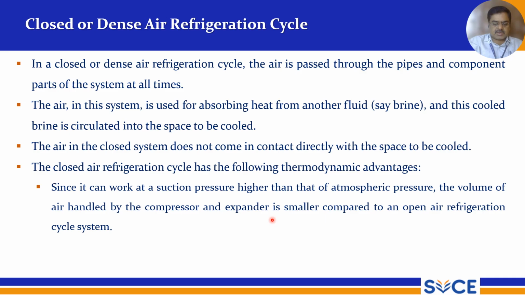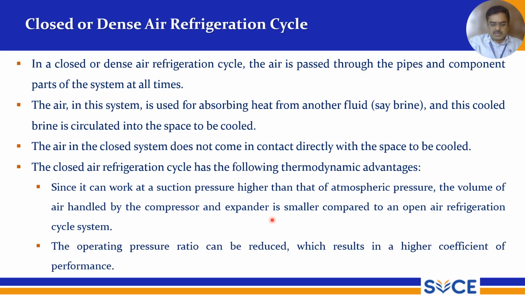We can use a compact size expander and compressor. The operating pressure ratio can be reduced, which results in a higher coefficient of performance. So COP can be higher than the open air refrigeration system.